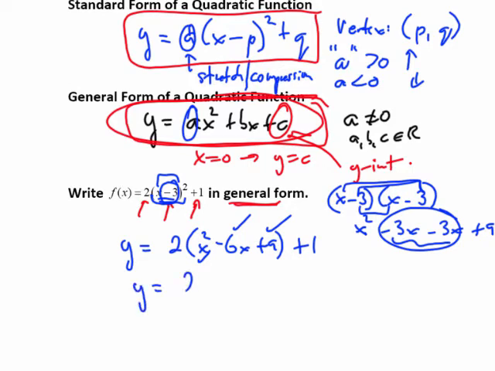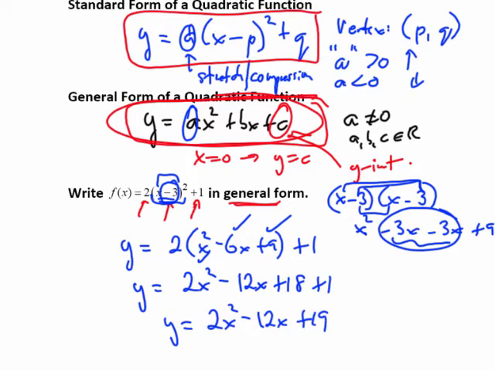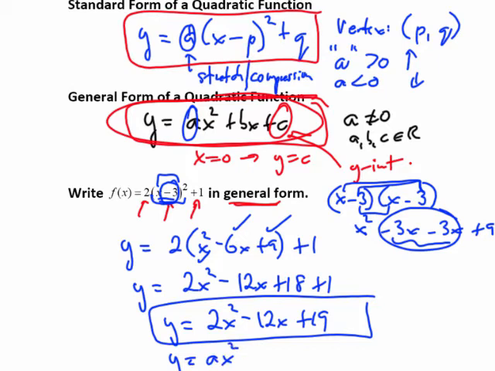Alright, so now we can distribute and combine, and this is my equation in general form, ax squared plus bx plus c. I know that this parabola opens upwards because a is positive.